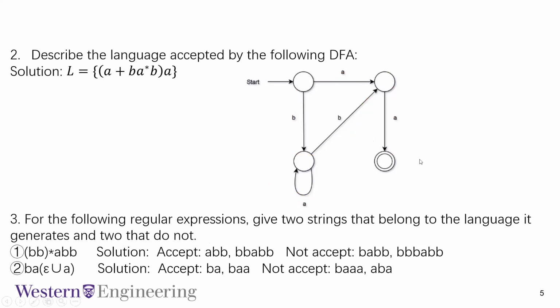I have a quick question. For question number 2, what happens if you're in the top right state and you receive a B? Can you repeat your question, please? Yeah, for sure. If you're in the bottom left state and you receive an A, then you just stay in that state. For the top right state, if you receive a B, what would happen? Looks like Austin's saying that you fall off the DFA.